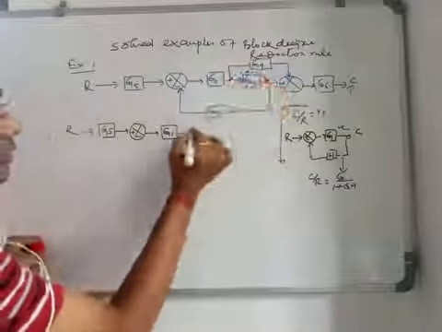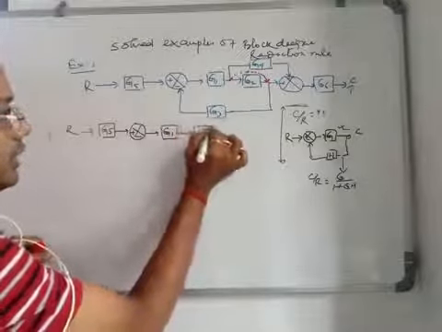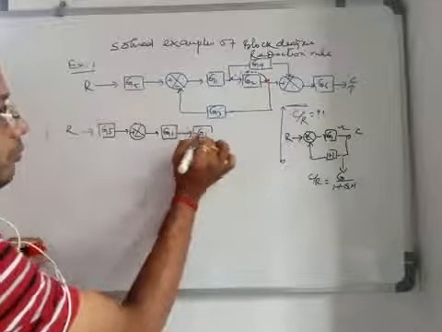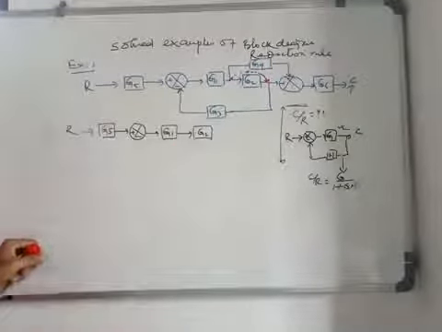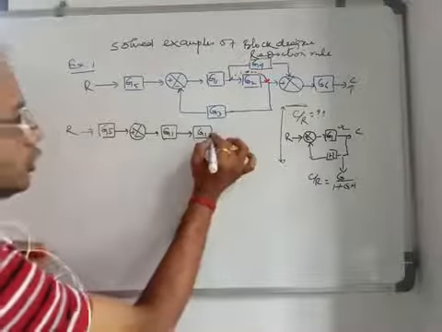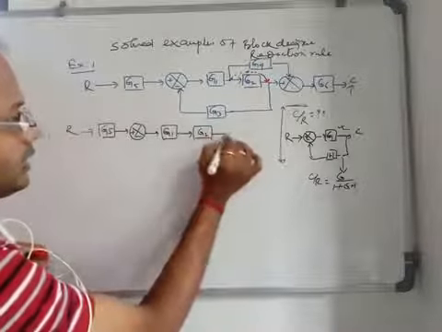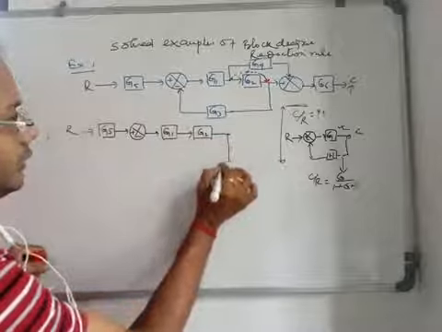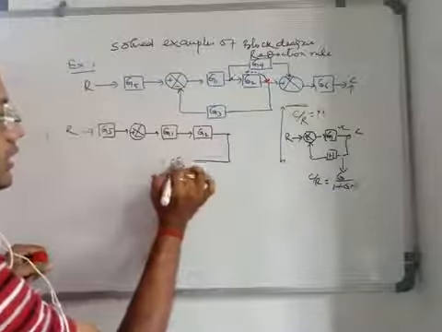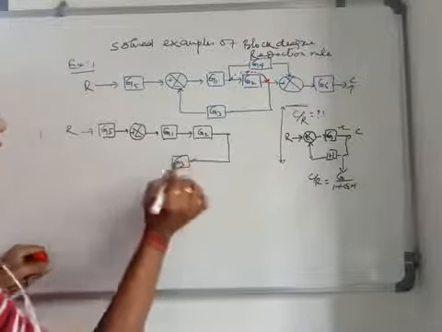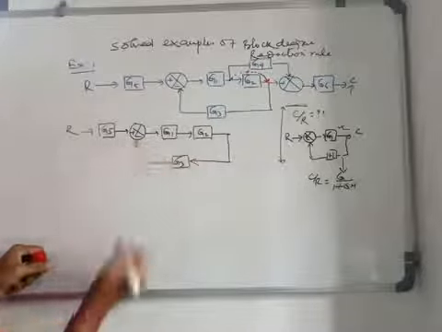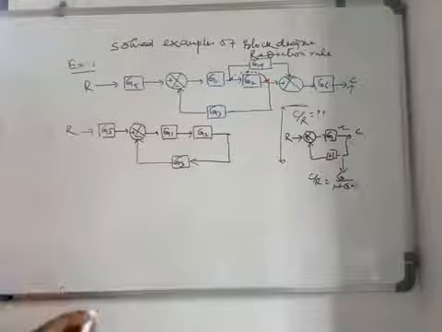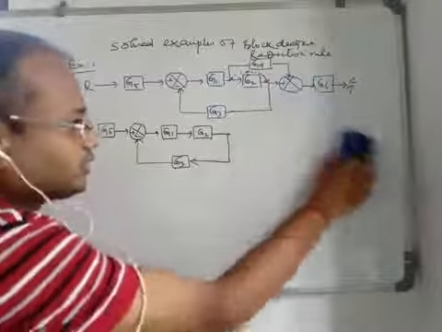So we have to write here only G2, right? Once you write G2, then next, the same path will be there. You will be having G3. This is in this direction and this goes to this point, right? I'm just removing this part.